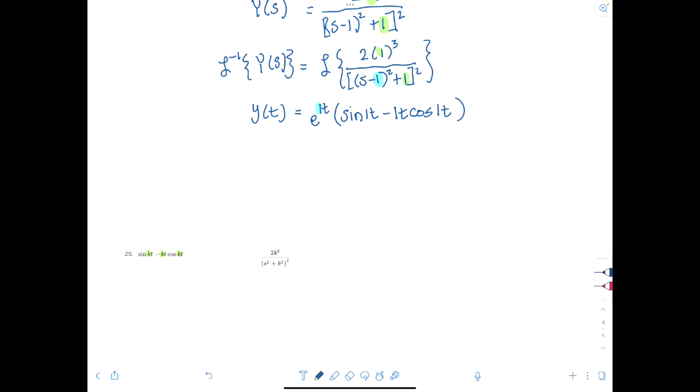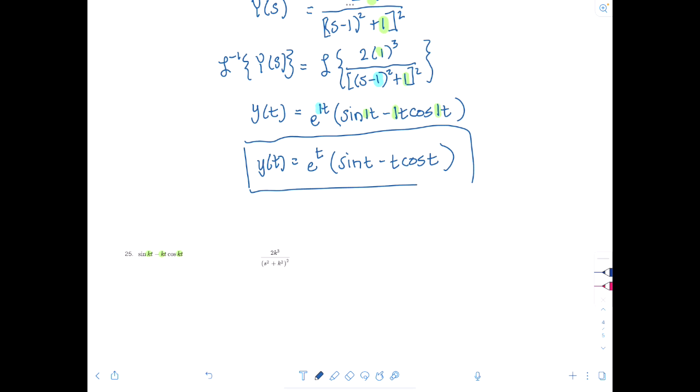Those are from the k's. Cool? So, making it pretty, lower y at t is equal to e to the t times quantity sine at t minus t times cosine at t. And this is doing it using tables. And this was from Appendix C in our textbook.